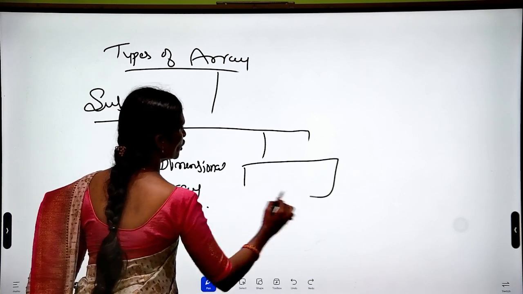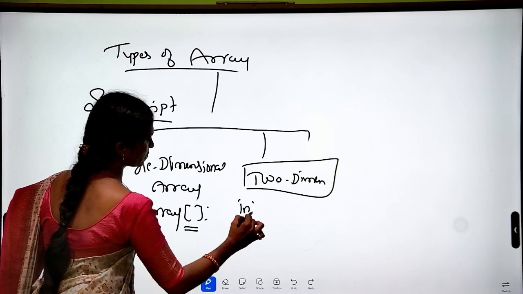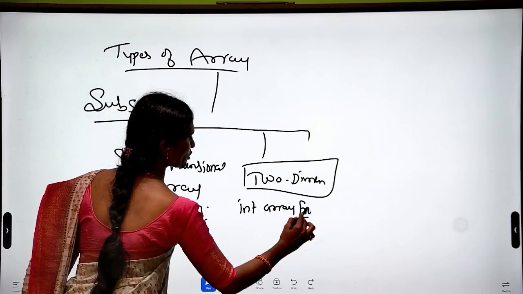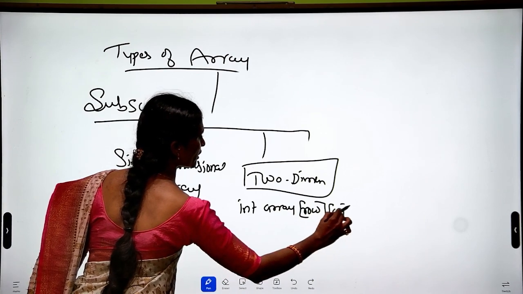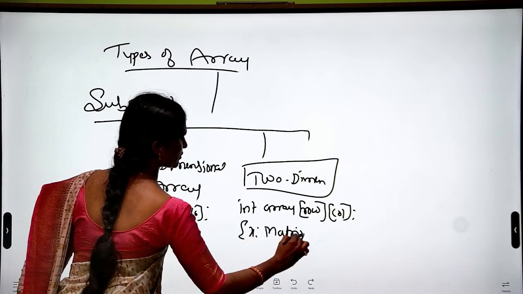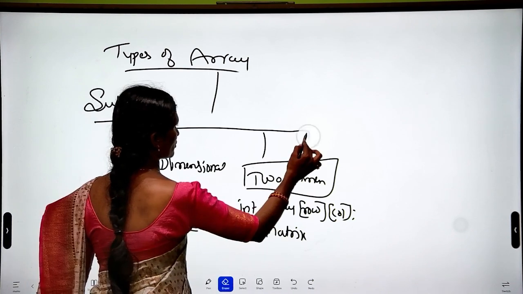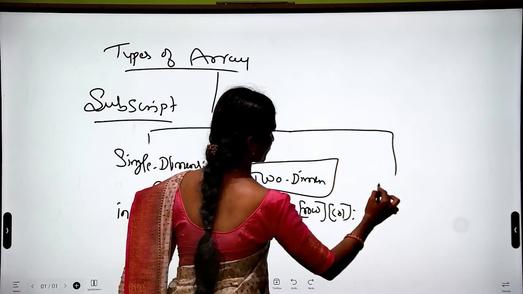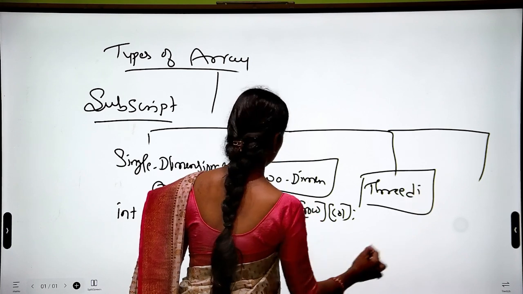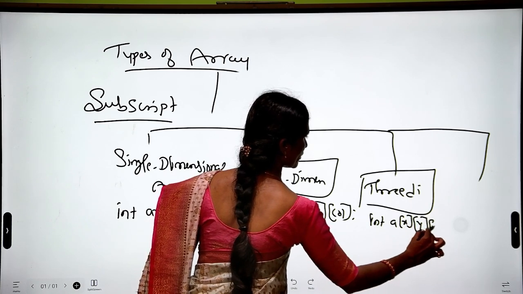If it is a two-dimensional array, that is int array of, say, 10 by 10, it has a row and column. Two are there, row and column. For example, it's a matrix. This is a contiguous allocation. Then a three-dimensional array: int a of x, y and z.